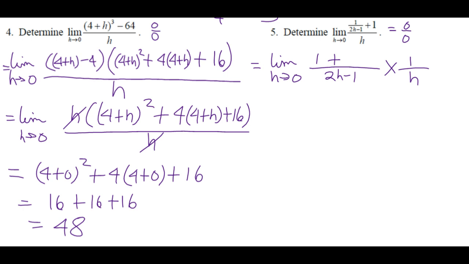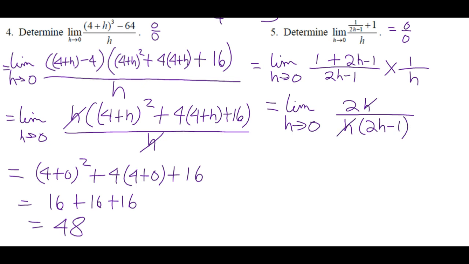So common denominator is 2h minus 1, which means this needs to be a 2h minus 1. So what's 1 plus 2h minus 1? It's just 2h, right? So this is the limit as h approaches 0 of 2h over h times (2h minus 1).